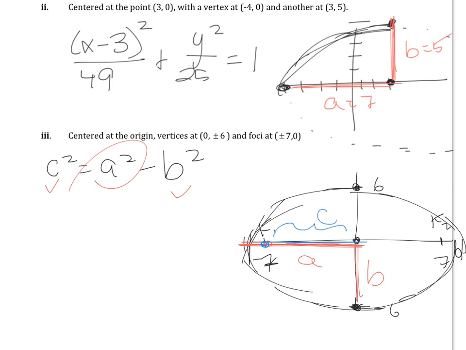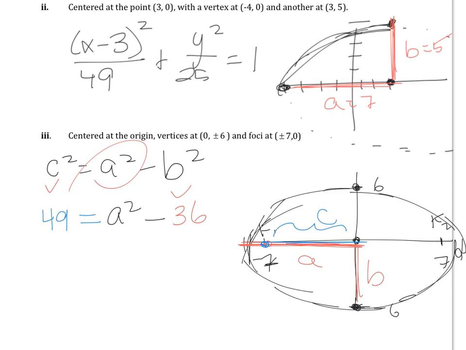So c² is 49, which equals a², we don't know, minus b², which is 36, because b is 6.